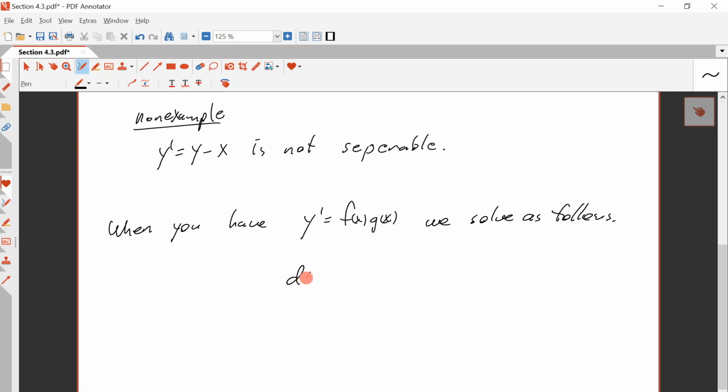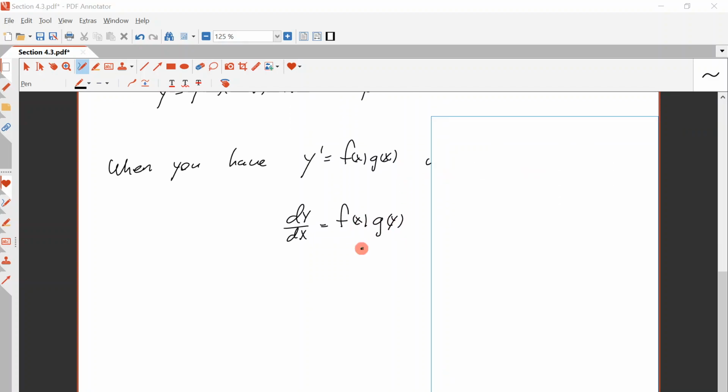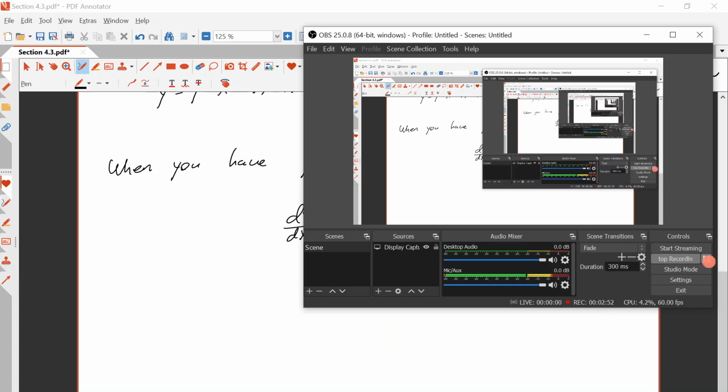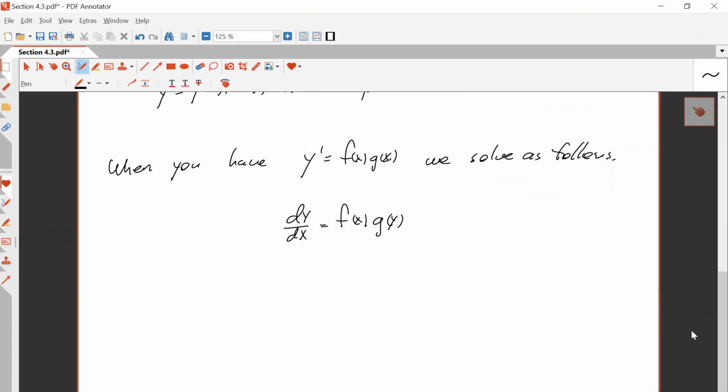You write dy/dx for y prime, which is f of x g of y, and then you separate the y's on one side and the x's on the other.